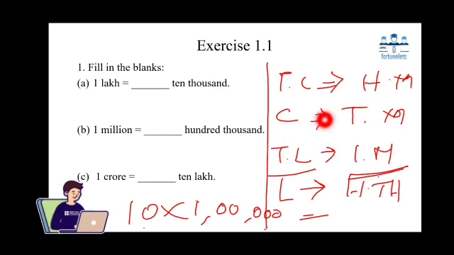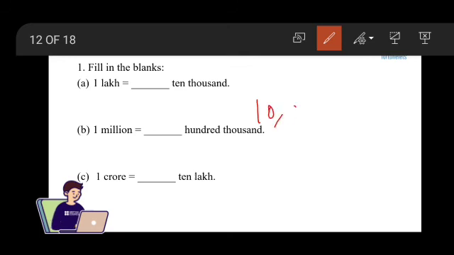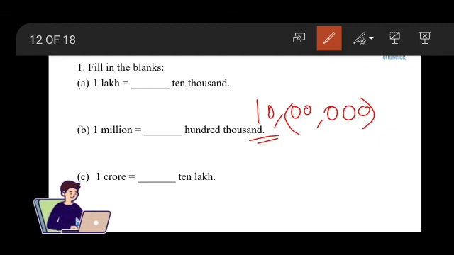10 lakh equals 1 million. 1 crore equals 10 million. 10 crore equals 100 million. Now what we have to know is 1 million equals how many 100,000s? 10 lakh has 6 zeros. Now separate 100,000 from 10 lakhs. So the leftover is 10.